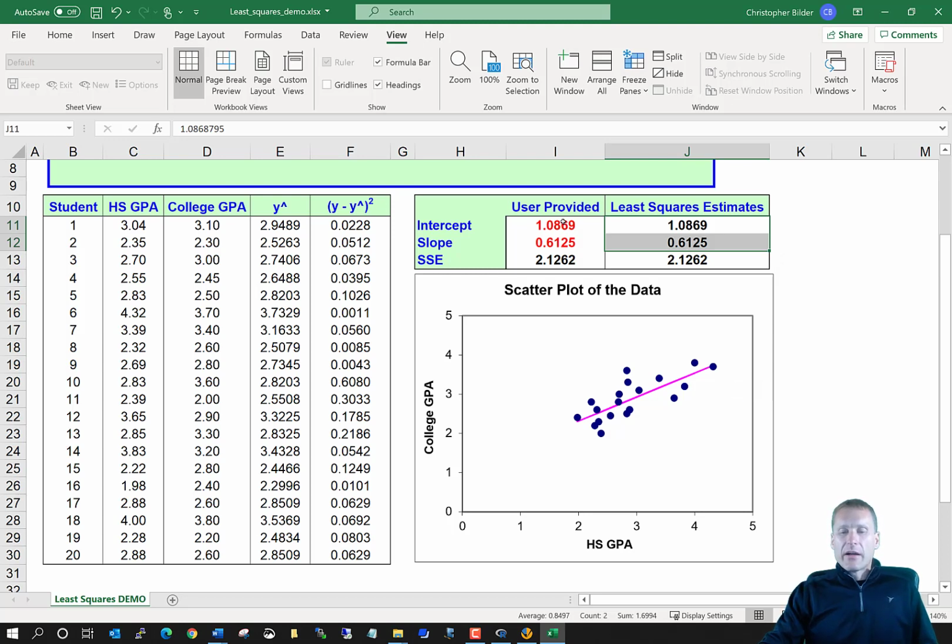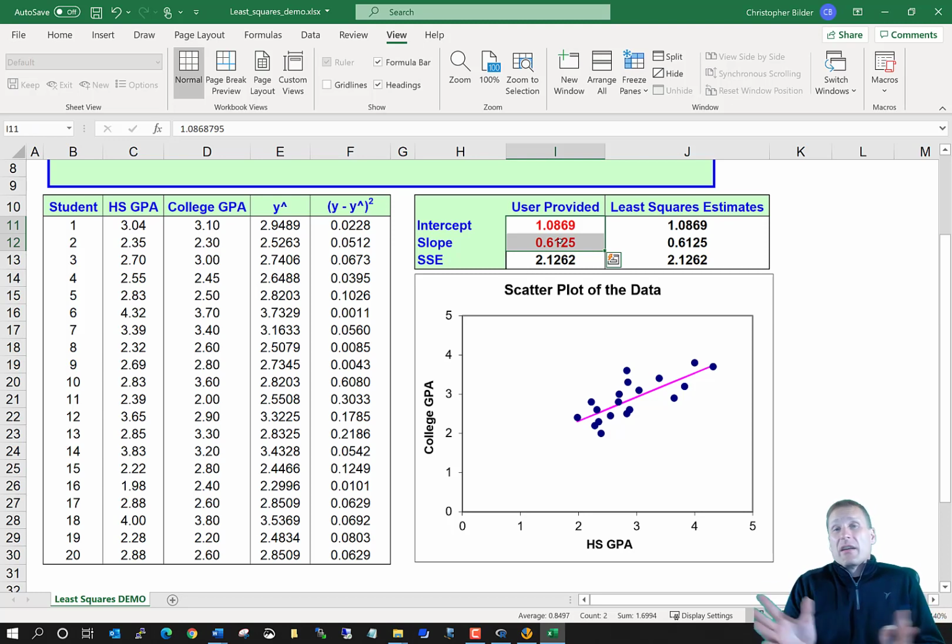Now over here on the left side of this table, I have what's called user-provided intercept and slope. So let's say that you just chose a beta hat 0 and beta hat 1, not necessarily using our equations that we've seen, and you want to graph what that line would look like. Right now I have it set up to be exactly the same as the least squares estimate. Note that this SSE is based upon this beta hat 0 and beta hat 1.